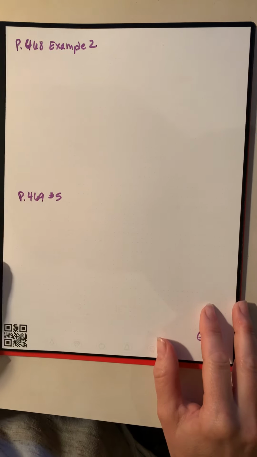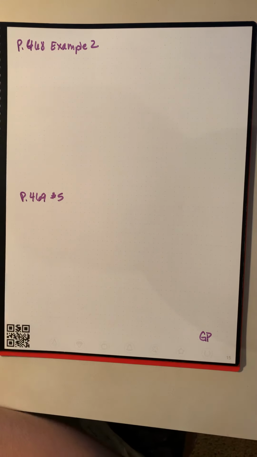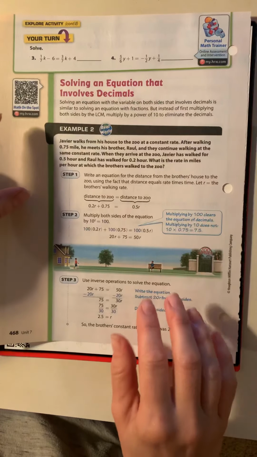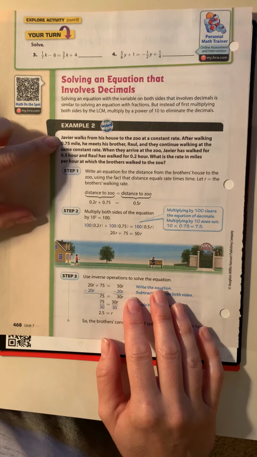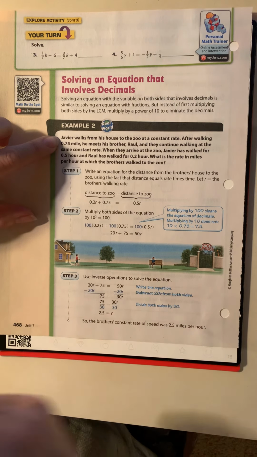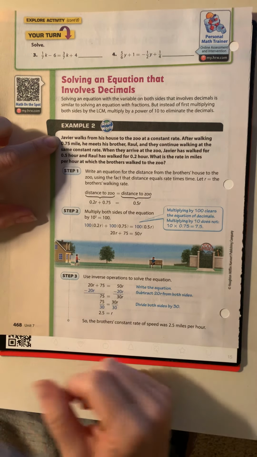This is probably the part that'll seem a little trickier to some of us, but it's still very doable. I'm on page 468, and I'm looking at example number 2, and I'm just going to bring this problem over here from our book, okay? If you notice, it says that Javier walks from his house to the zoo at a constant rate. That language should sound familiar to us, okay?